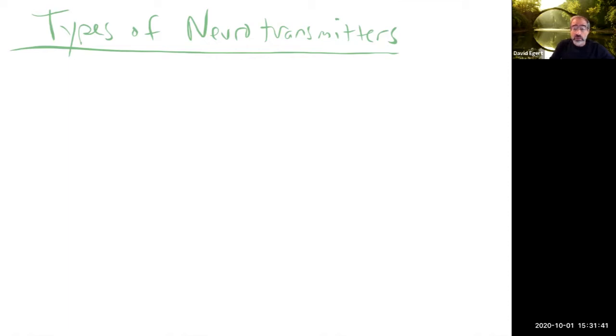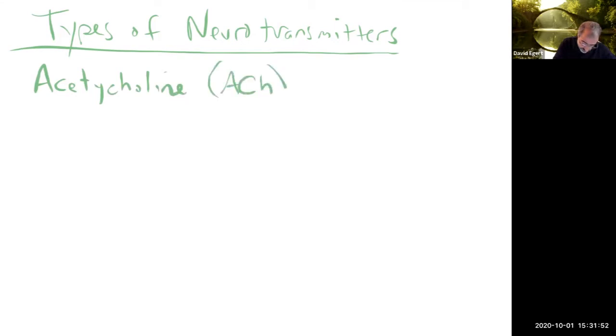So one neurotransmitter that I've mentioned before, acetylcholine, usually abbreviated as ACh. It's kind of its own class. Acetylcholine is a very common neurotransmitter.